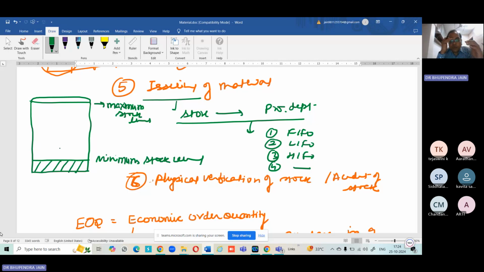Once you reach the minimum level, you will purchase the material again, and such a level is called the reorder level. The reorder level is a level which is over and above the minimum level.